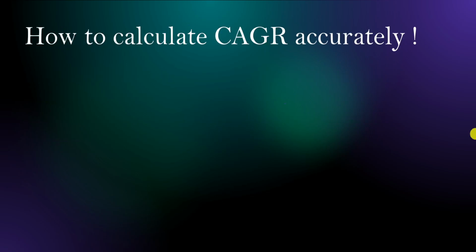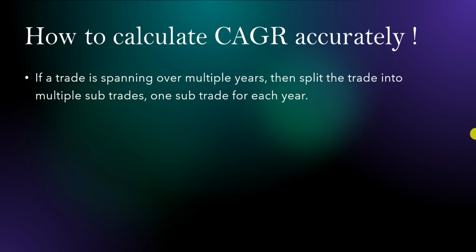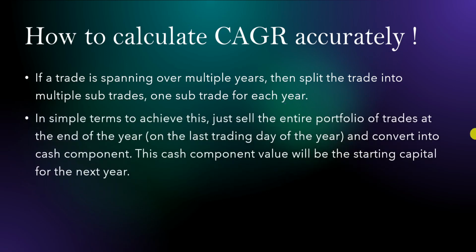So let's see how to calculate CAGR accurately. Using this method, if a trade is spanning over multiple years, then we need to split the trade into multiple sub trades, one sub trade for each year. For example, a trade is initiated in 2010 and exited in 2012.